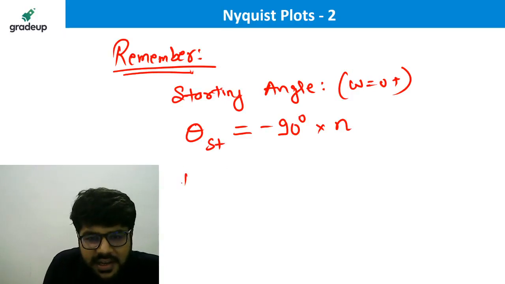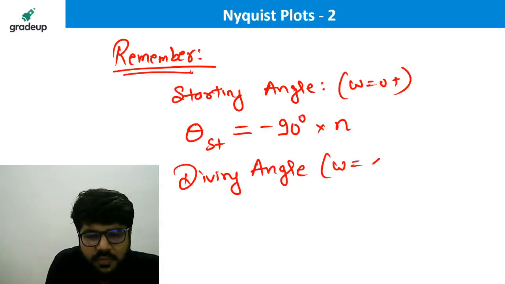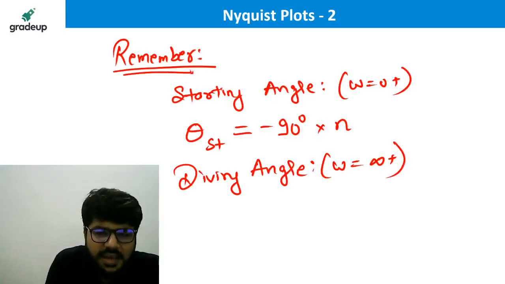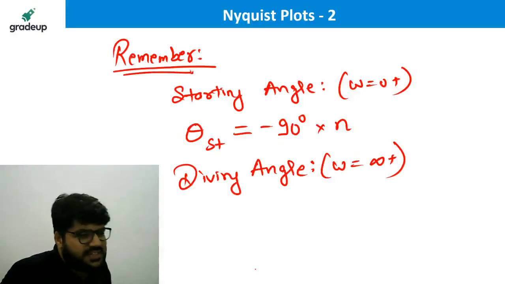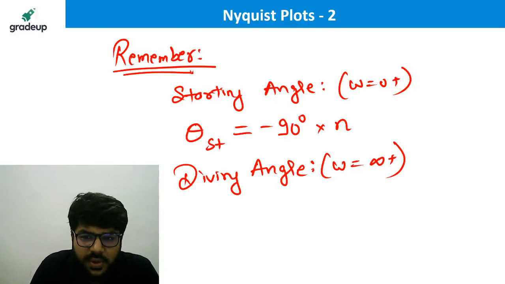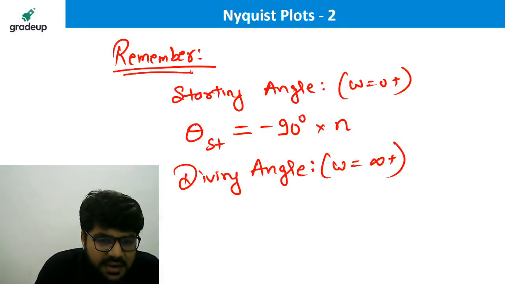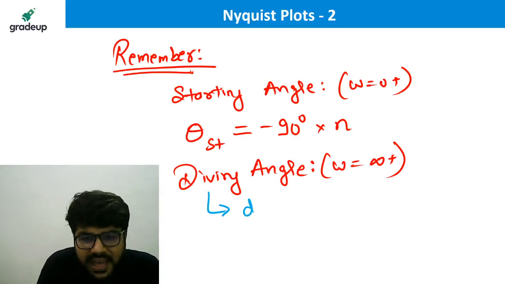Already I have defined. Next, I define an angle known as diving angle. Diving angle, omega equal to infinity plus, because in whatever polar plots you have seen till now, at omega equal to infinity plus you are diving into origin. When I say diving angle, diving से मेरा मतलब है you are diving into the origin.